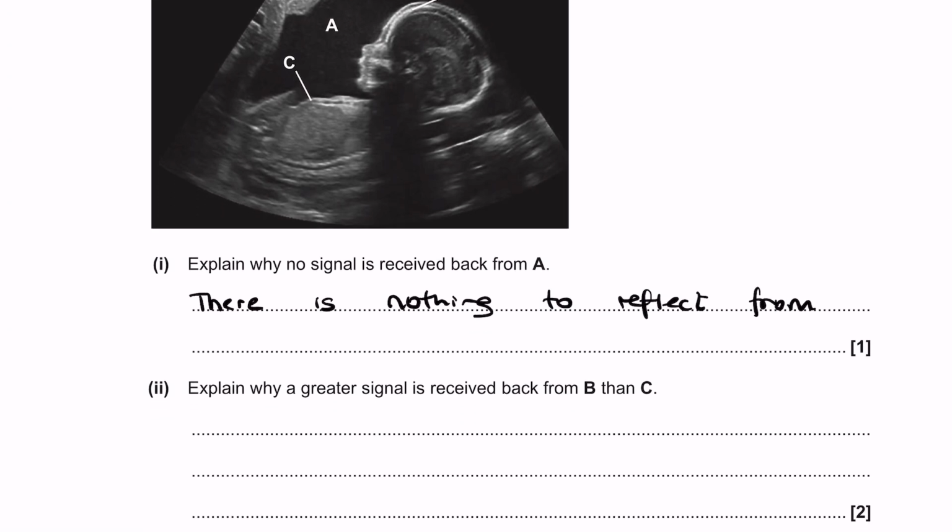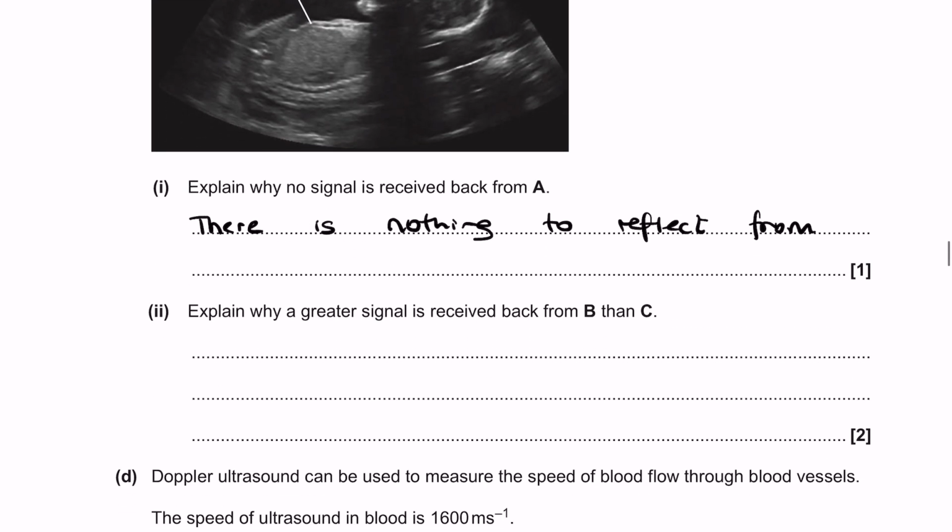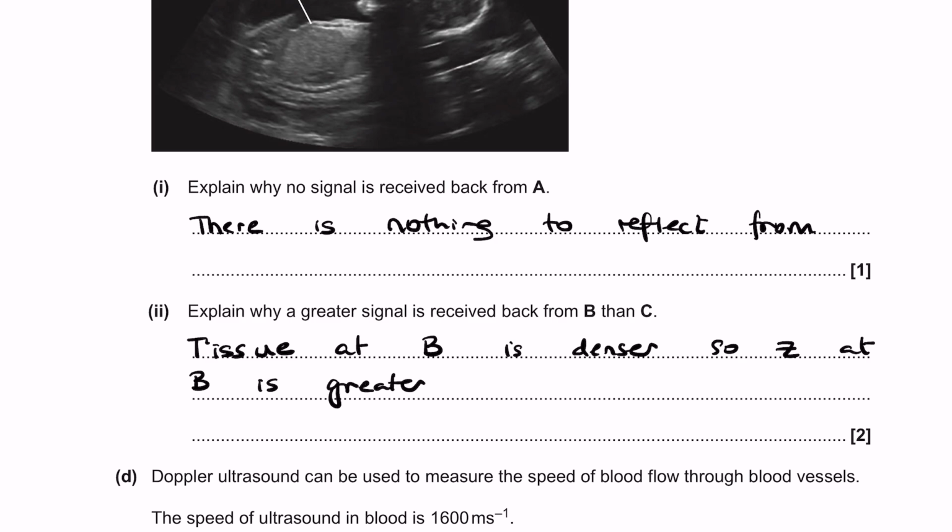Explain why a greater signal is received back from B than C. Well, that's because tissue at B is denser. It's skull, right? So it's denser. So Z value at B is greater than at C, which is softer tissue. So that's why you're going to have a greater signal back from B.